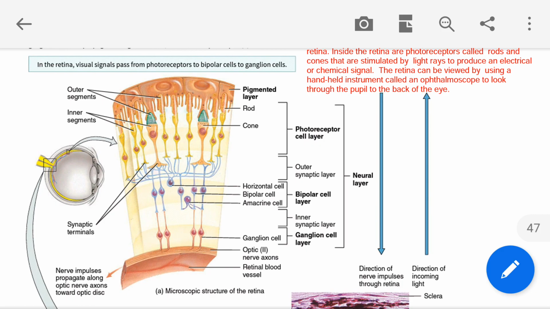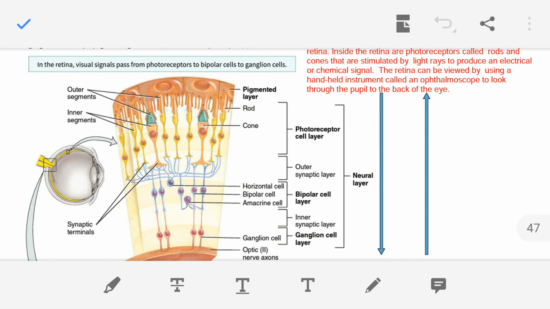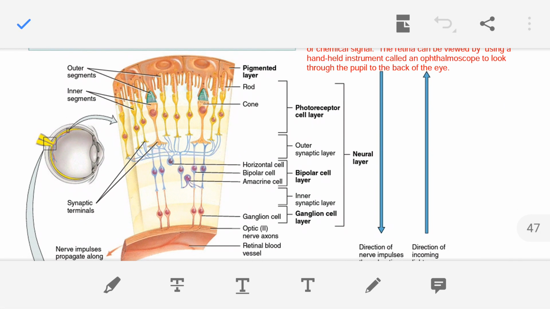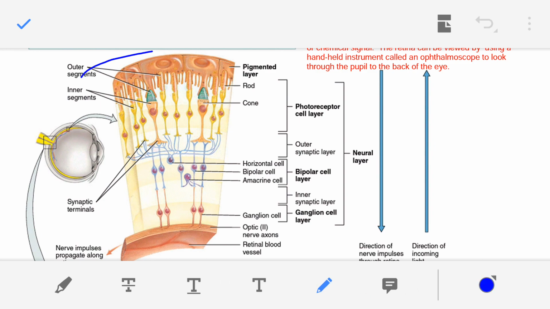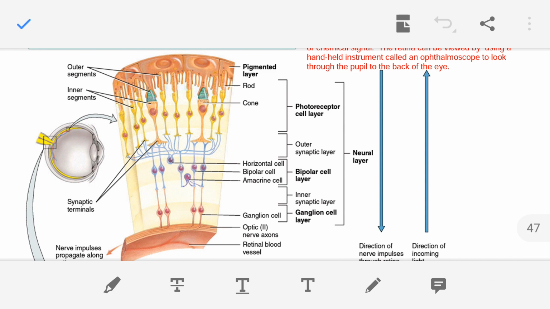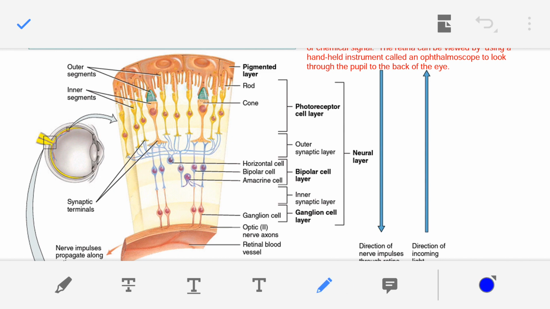In the figure, this is the entire retina they have shown. In the structure of the retina, the pigmented cellular layer is present. Then the photoreceptor cell layer, in which rod cells and cone cells are present.